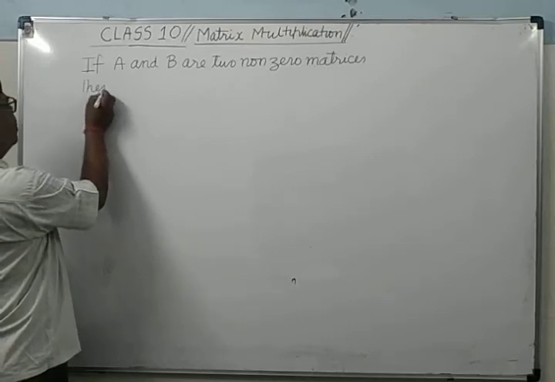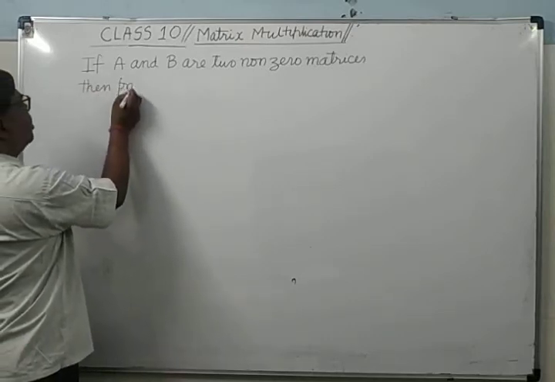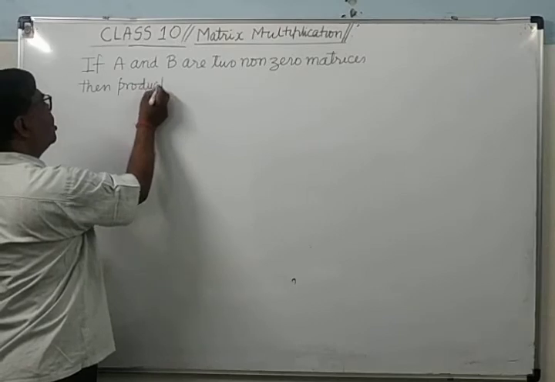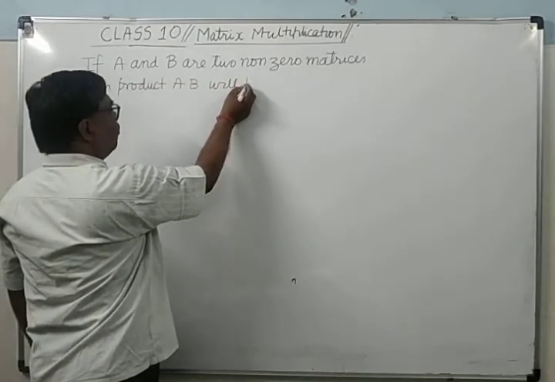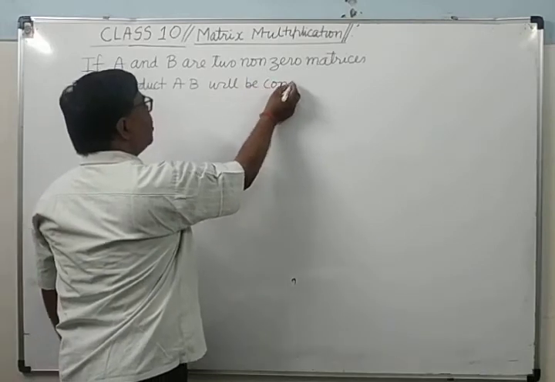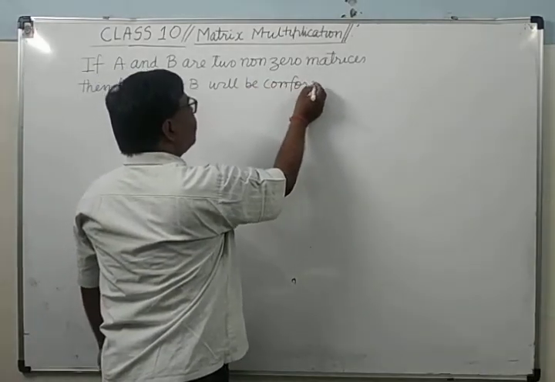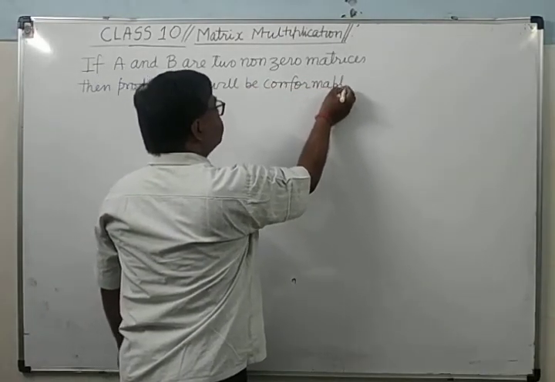the product AB will be conformable. Conformable means it will be possible.